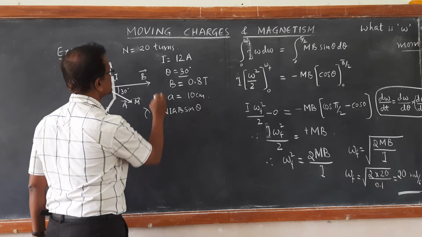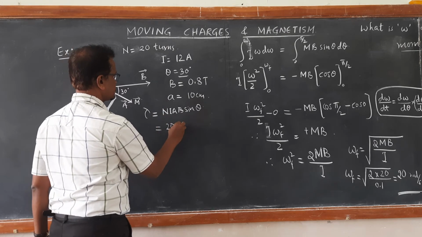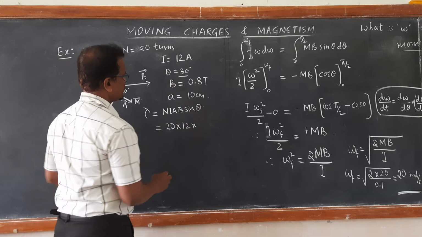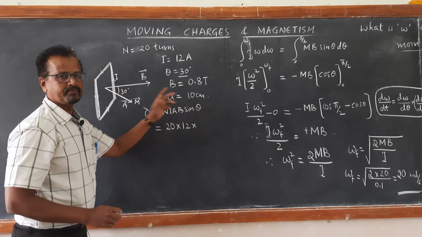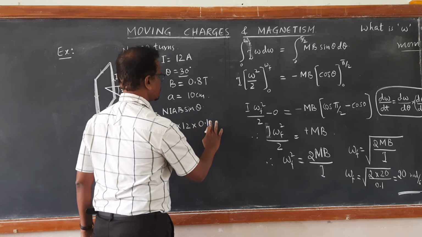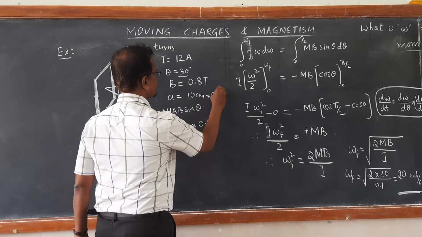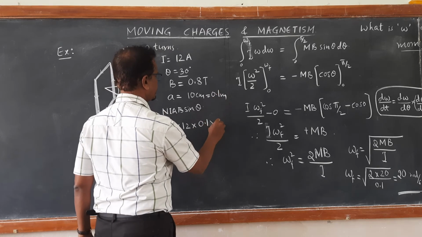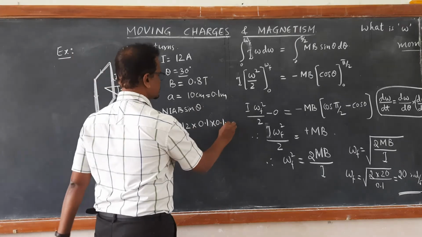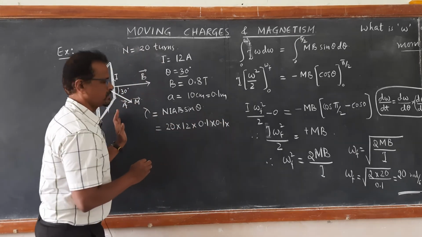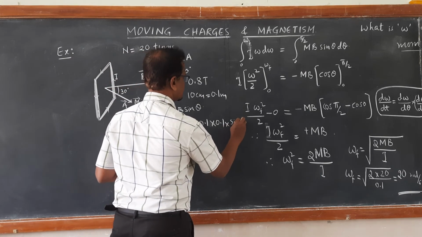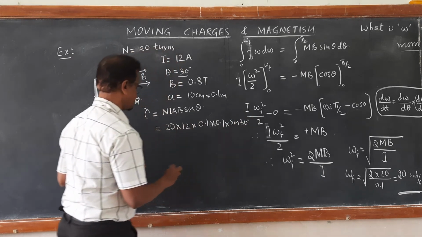So readily you can substitute 20 turns into 12 ampere current into area. Area is side into side for a square, so 0.1 meter into 0.1, because 10 centimeter can be written as 0.1 meter, into sin 30. The angle between the area vector and the magnetic field is 30, therefore it becomes sin 30.